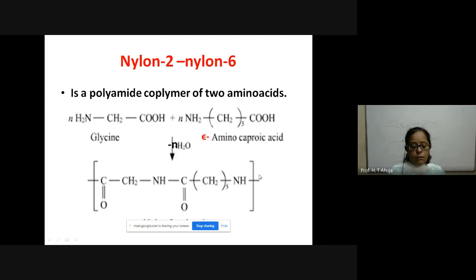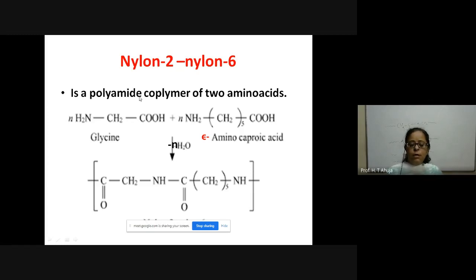Now, under this category of biodegradable polymers, the last polymer which we have to discuss is nylon 2, nylon 6. From the word itself, this is a polyamide, like nylon 6 and nylon 6,6, which we have studied earlier. They were polyamides.